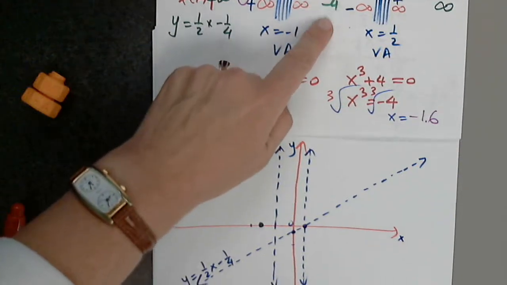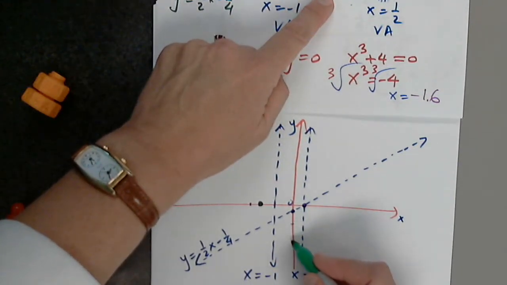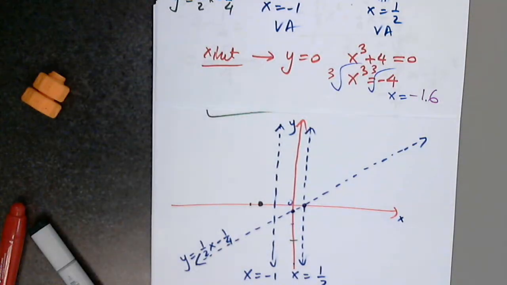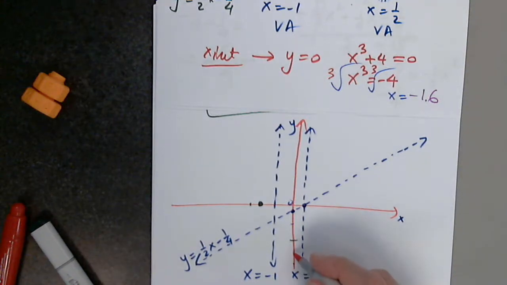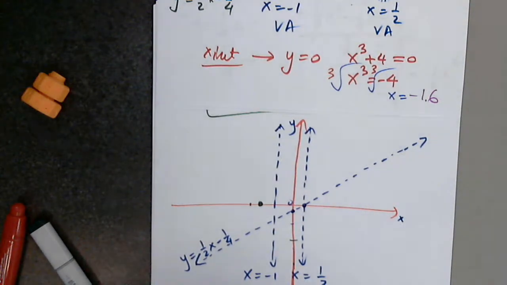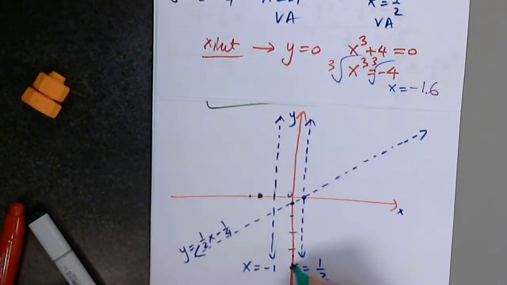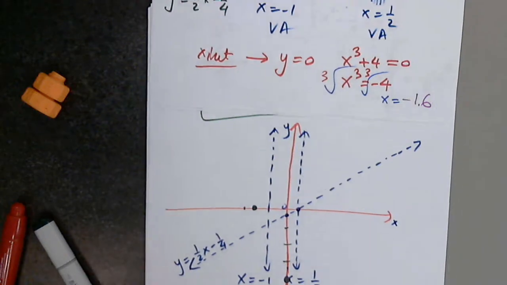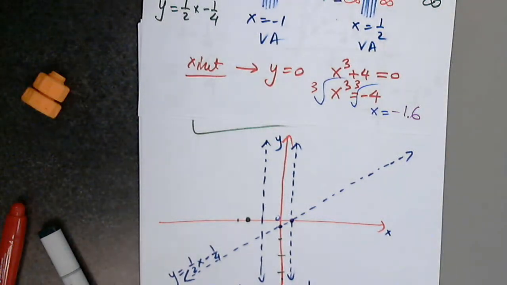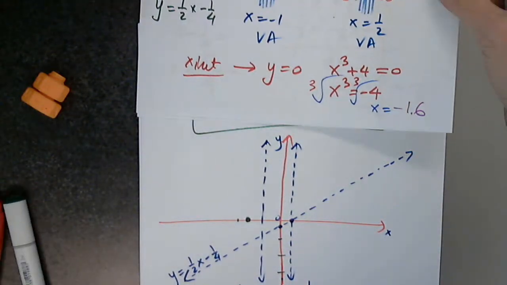I do have a 0, negative 4. That's what happens when you don't plan ahead, like me. So negative 4, negative 1, negative 2, negative 3, negative 4 right here. And nothing else. Right? These are the only 2 points I have.